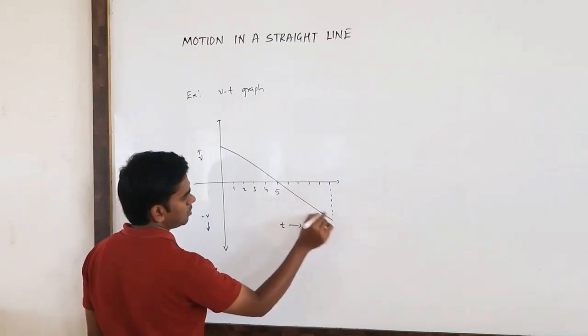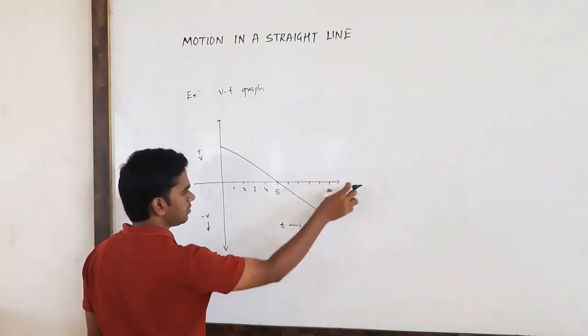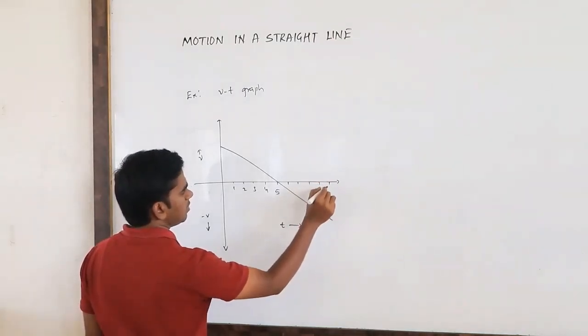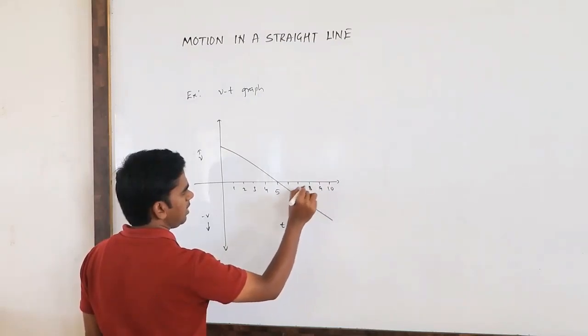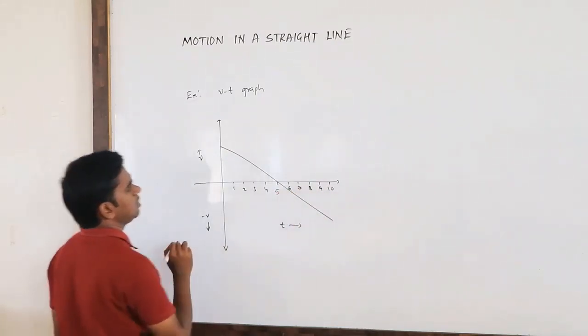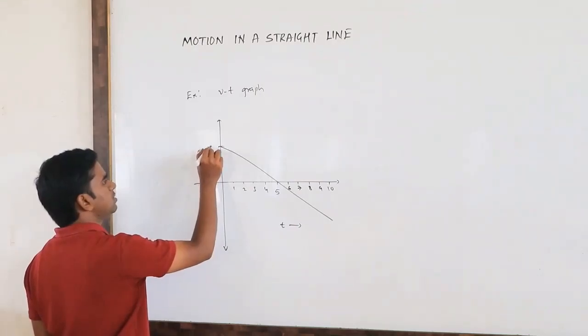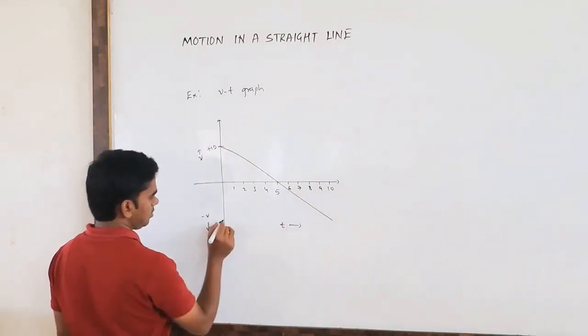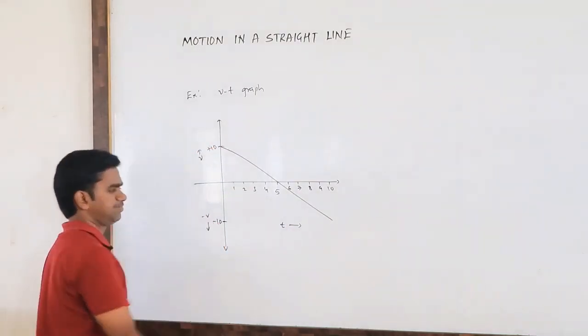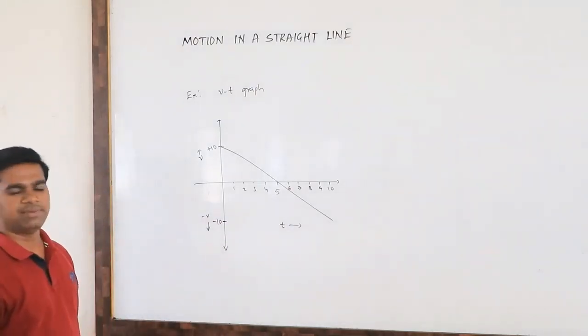So this is the graph. This is plus 10, and this is minus 10. So this much of the graph is given.